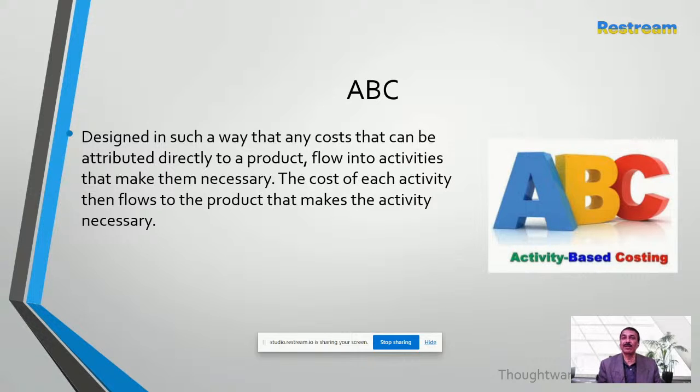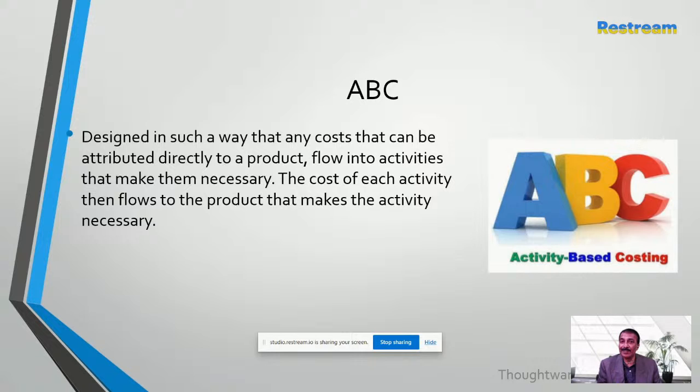So here we are going to study in detail each and every activity and the cost associated with it, whether it's a direct or indirect cost, or fixed or variable cost. Of course, you need to have extra manpower to do even this costing estimation.